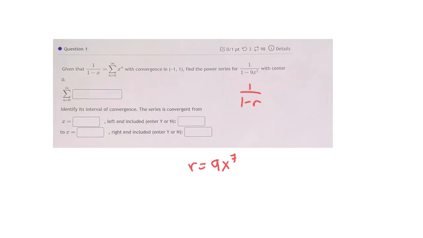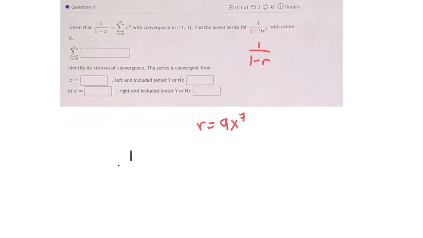So we could say that 1 over 1 minus 9x to the 7th is equal to the sum of the following terms, where the r happens to be this.